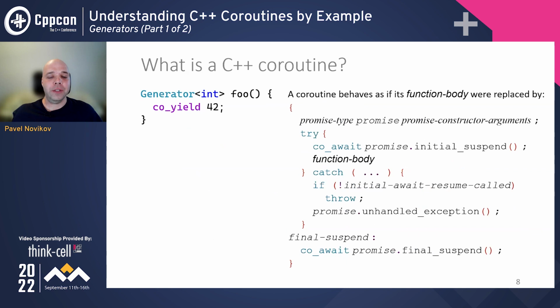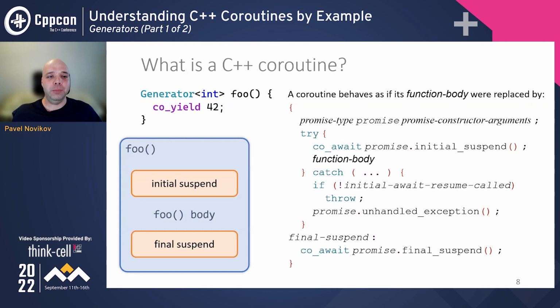So the standard says that when the compiler sees a coroutine function which contains a co_ keyword, it transforms its body by applying this template that you can see on the right. Loosely, it means this.